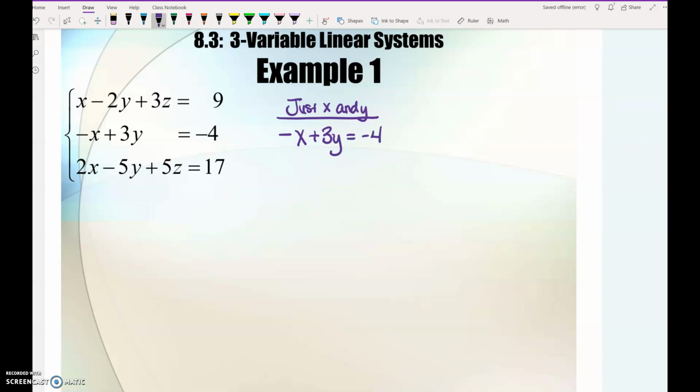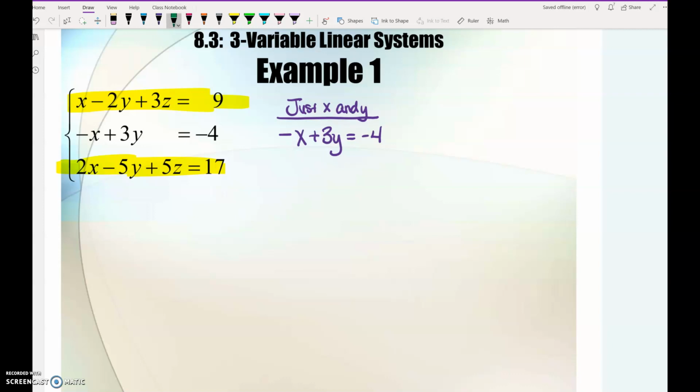That's an equation that only has x and y. We want to use the other 2 equations and eliminate a variable so that we have another equation that is just x and y. So we want to use these 2 and get an equation that just has x and y, which means we need to eliminate the z.